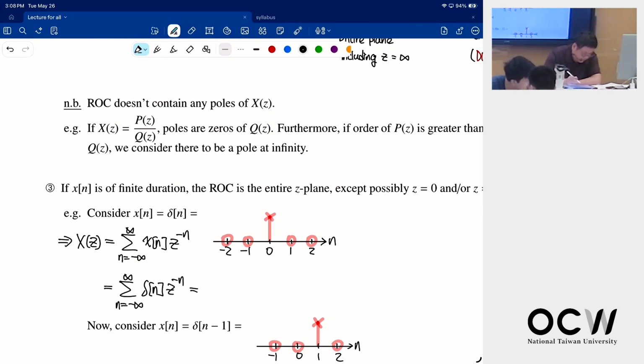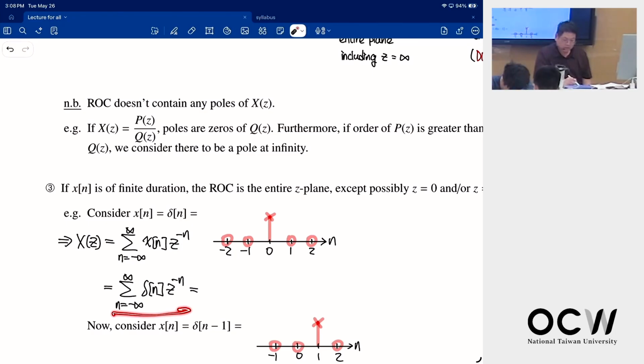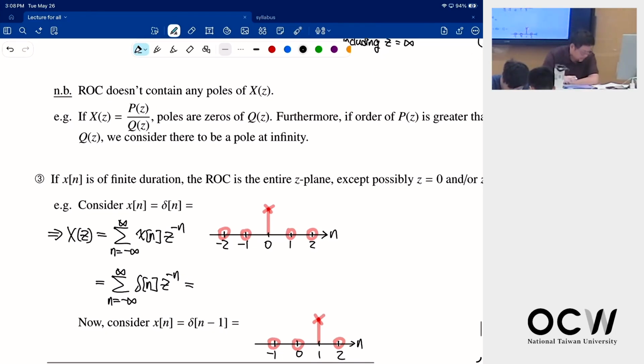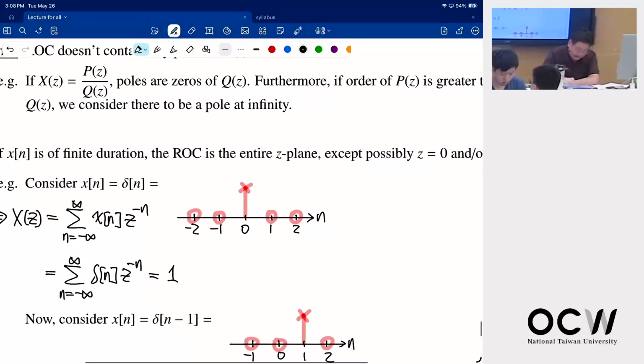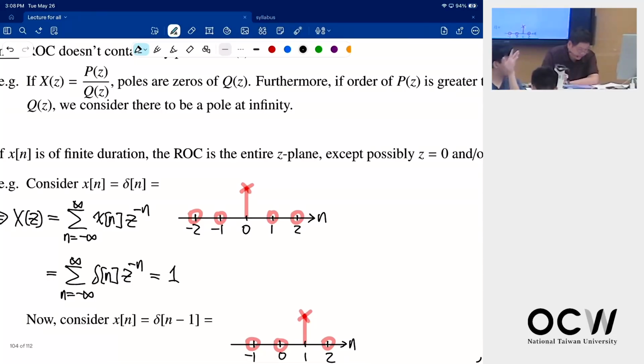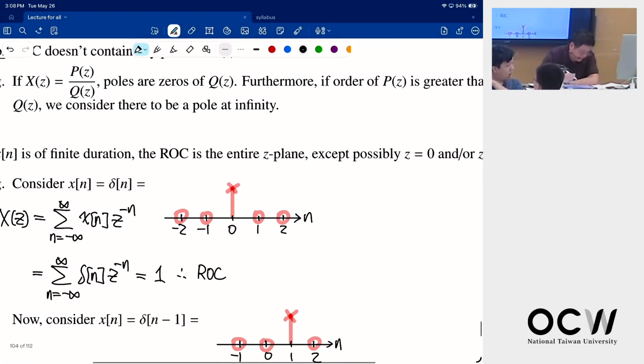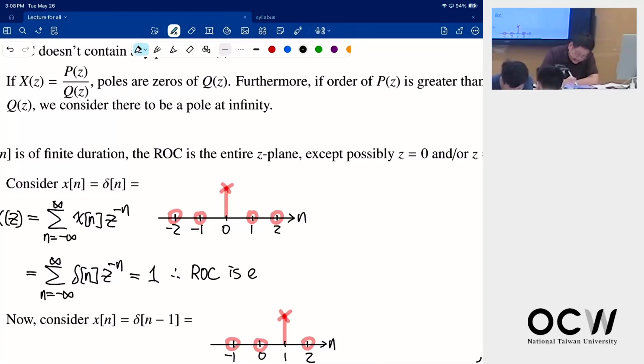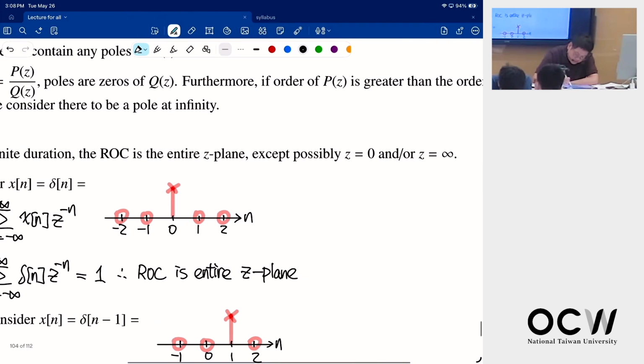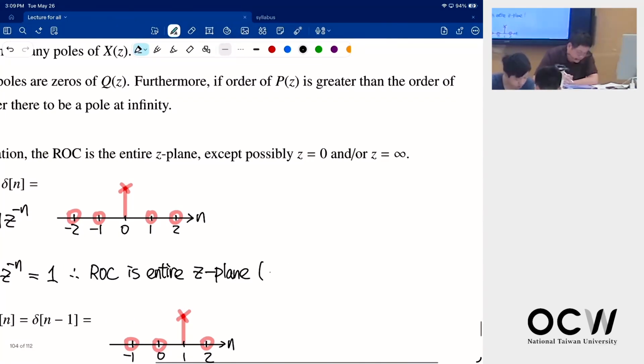What is the answer for this? One. In this case, the z transform is 1. Then how about the region of convergence? The region of convergence is the entire z plane, so it includes 0 and infinity.